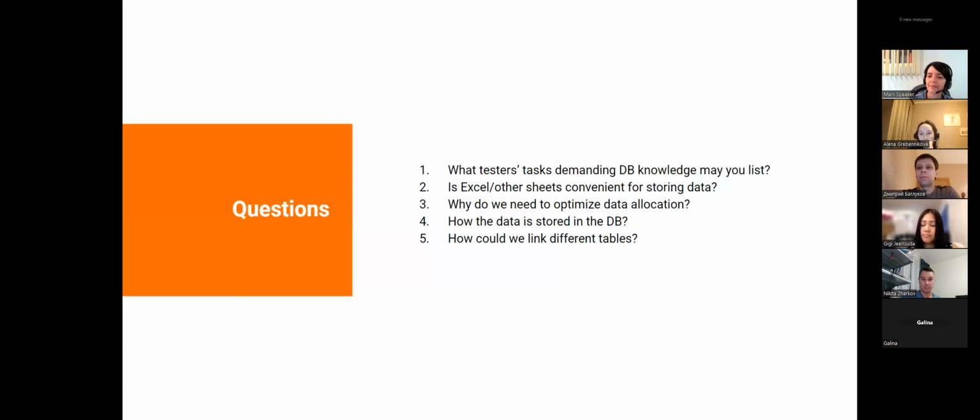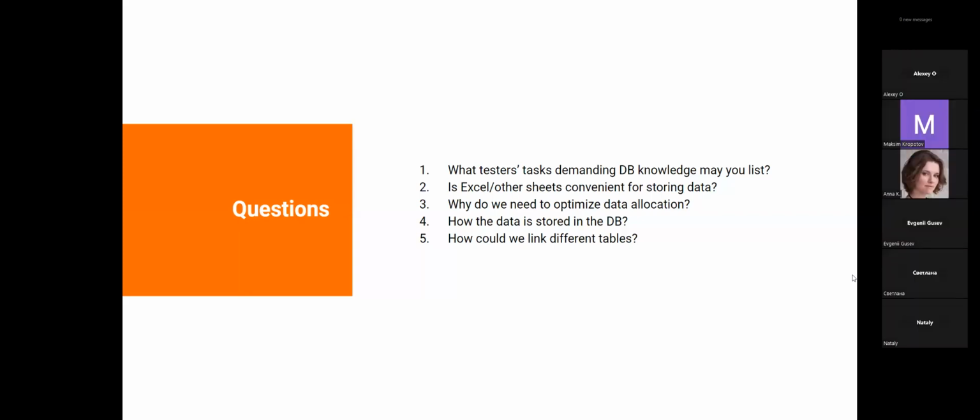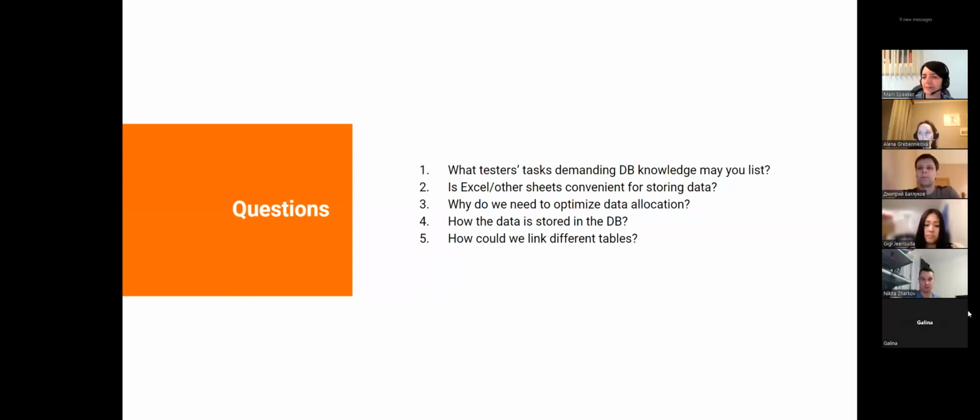So storing in a database is much more convenient for machines, which use some ID as a reference to other tables and storing data. Absolutely. Maybe somebody wants to add something to this.